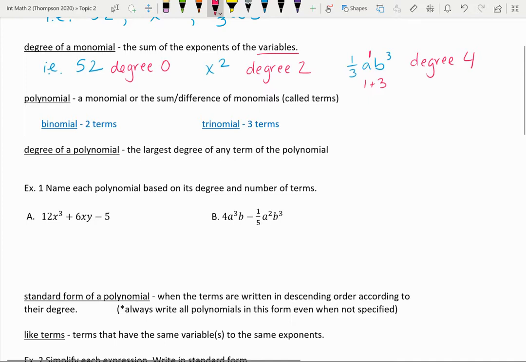The first term has a degree of 3 because I have an x cubed. The second term, I have an x and a y with no exponents, but those are automatically going to be 1s. I add those up, and that gives me a degree of 2 for this term. And 5 has no variable, so this is a degree 0.